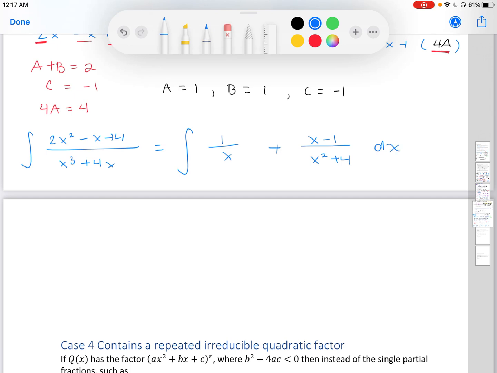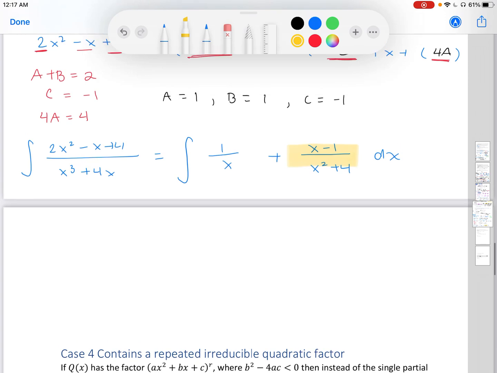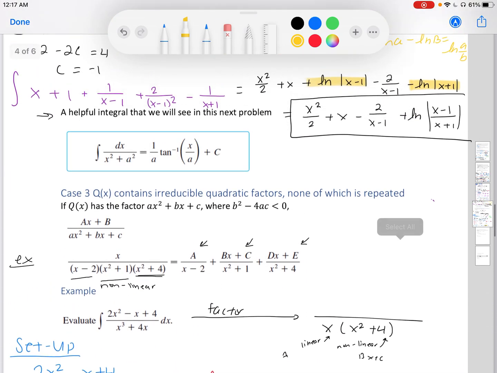And we can go ahead and integrate each one of those terms separately. Now in the beginning, I gave you an identity for integration, and it works with that second term. So let's go back. That says we have something squared plus something squared. That can be 1 over a tangent inverse of x over a plus c.